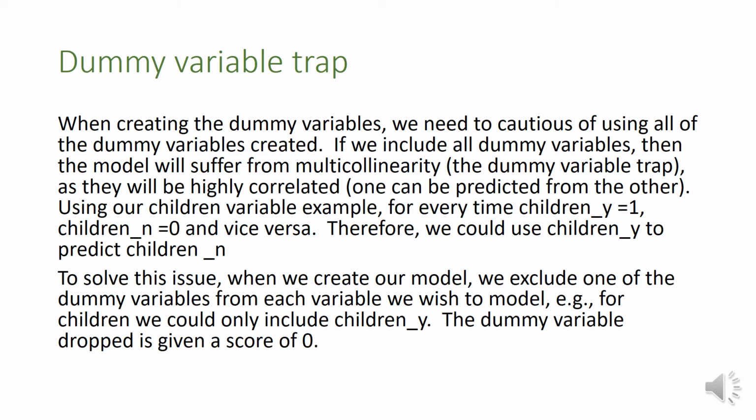Using our children variable example, for every time children yes equals 1, children no equals 0, and vice versa. Therefore, we could use children yes to predict children no. To solve this issue, when we create our model, we exclude one of the dummy variables from each variable we wish to model. So for children, we could only include children yes. The dummy variable dropped is given a score of 0.